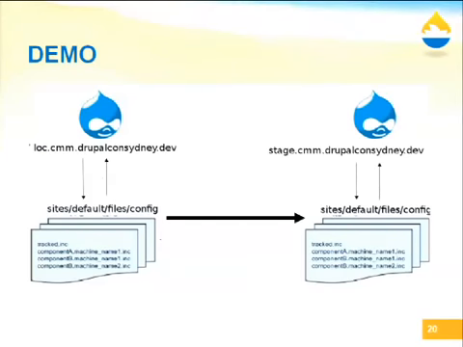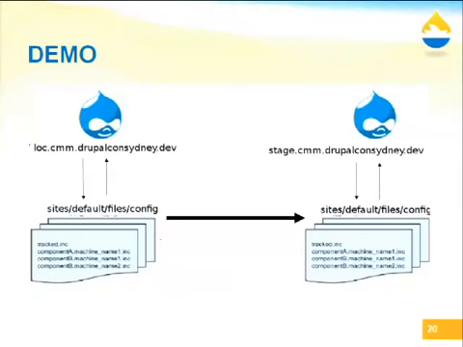So maybe if you work with a lot of developers, you have a central repository like GitHub or your own server. But here, I only have two repositories, the local repository and the stage repository, which is actually cloned from the local repository. The config is stored in the files directory.